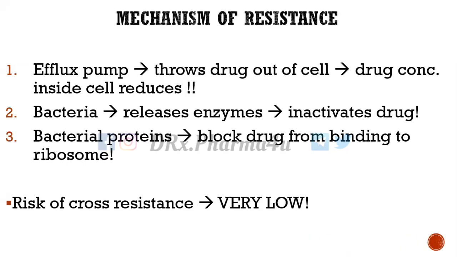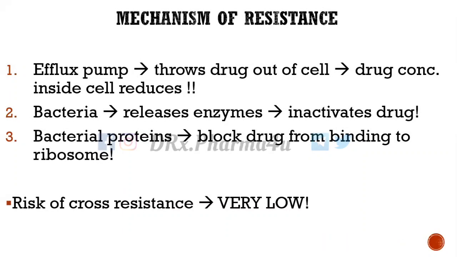Now, for any antibiotic that is used, there is always a risk of resistance. So how does the resistance happen, if at all it happens? The first mechanism is the efflux pump. First of all, you should understand the meaning of influx and efflux. Influx means something is coming from outside to inside. Efflux means something is going from inside to outside.